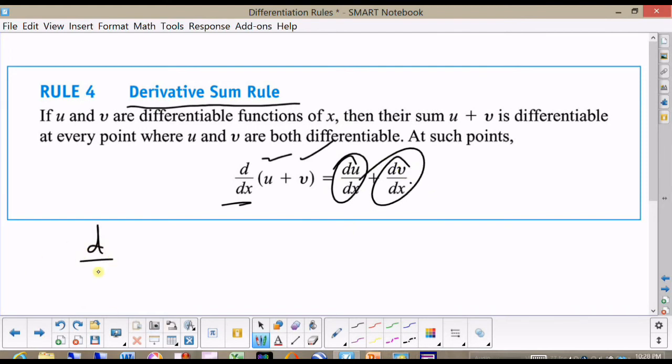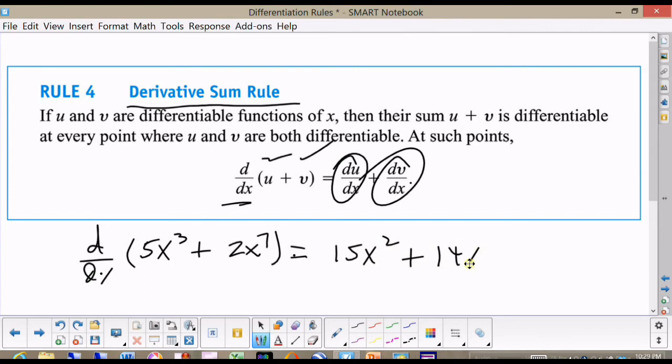Real simple example, d/dx of 5x cubed plus 2x to the 7th power. You just do each one at a time and you get 15x squared plus 14x to the 6th. It's just as simple as that. That's the derivative sum rule.